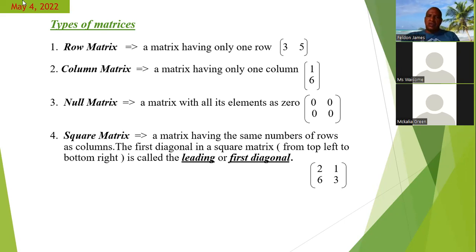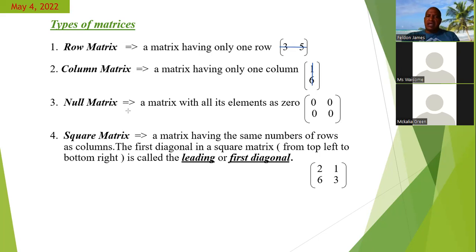So here, if we draw a line, we see that we only have a single row going across. Now we talk about a column matrix that only has a single column, right? So once a matrix only has a single column, it's called a column matrix. Has a single row, it's called a row matrix.